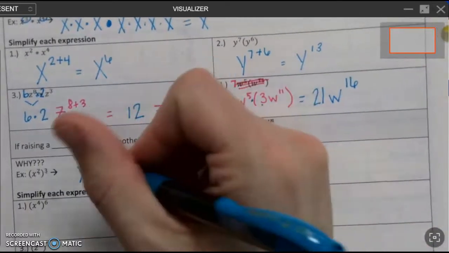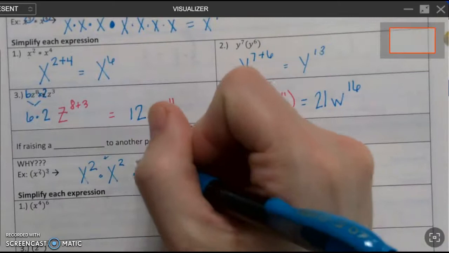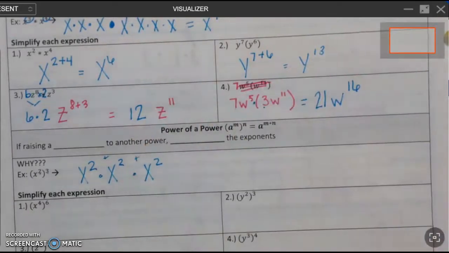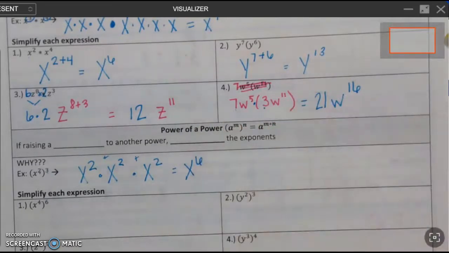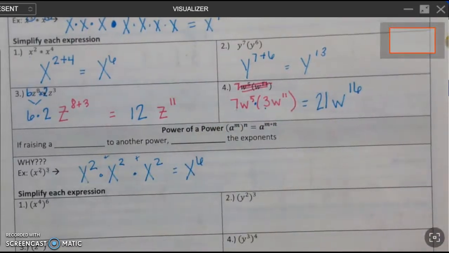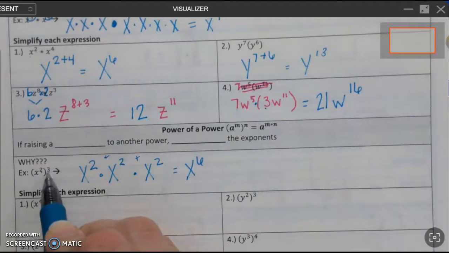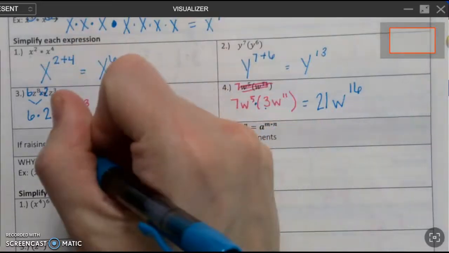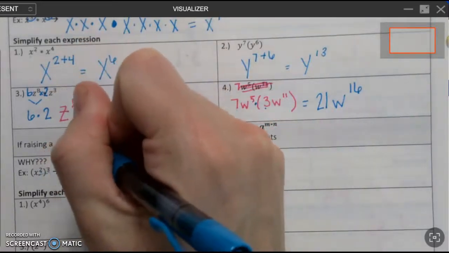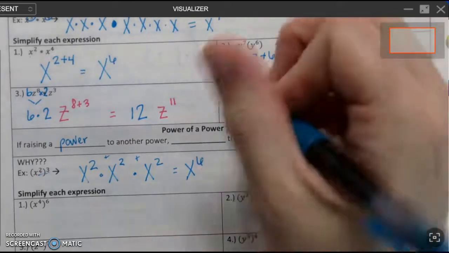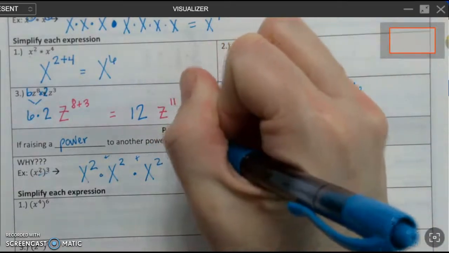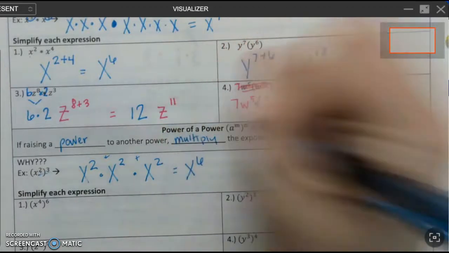So I'm going to do 2 plus 2 plus 2, which is going to give me x to the 6th. x to the 6th could easily be found by taking 2 times 3. So when raising a power, which in this case was the power of 2, to another power, we are going to multiply the exponents.